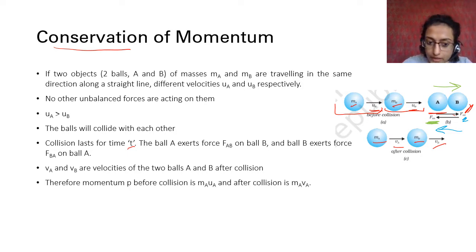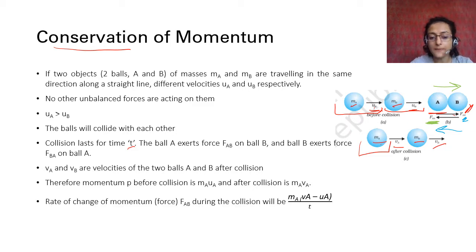So momentum before collision for ball A is MA into UA, obviously mass into velocity, and after collision it is MA into VA. Simple.